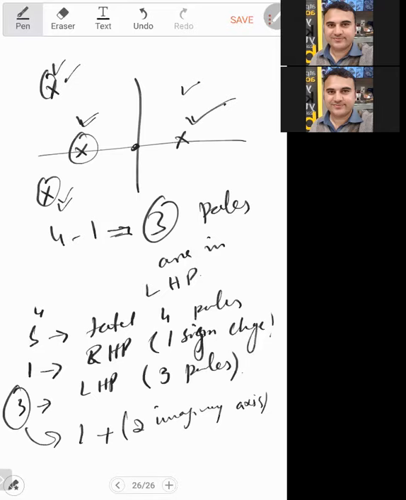The third special case is if the complete row is 0. In that case, both earlier methods will not help. So what we have to do is find the differentiation of the auxiliary polynomial, which has the coefficients of the row just above the 0 row.